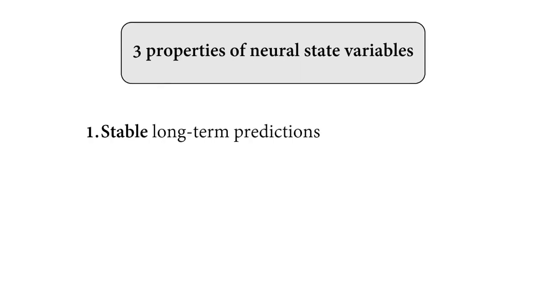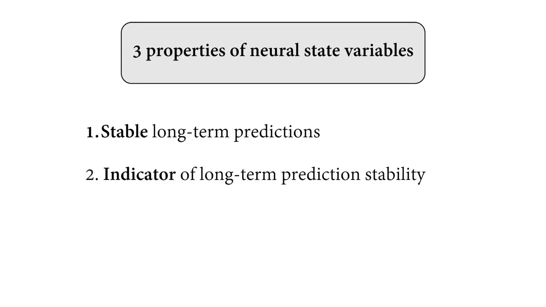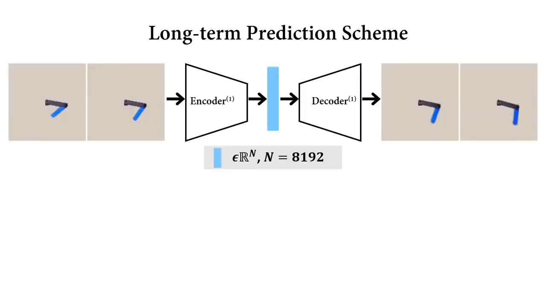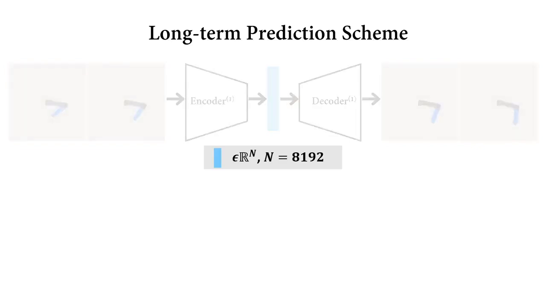Specifically, neural state variables can offer stable long-term predictions, can serve as a novel metric to evaluate the stability of long-term predictions with only visual inputs, and can produce robust predictions under various visual perturbations. First, let's review what are the possible ways to roll out our existing models for long-term future predictions. With the autoencoder in the first stage of our approach, the latent dimension is about 8,000.